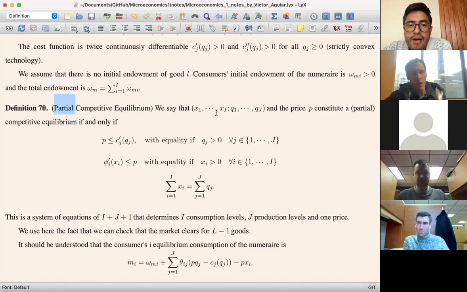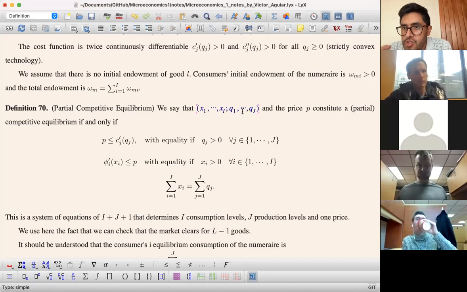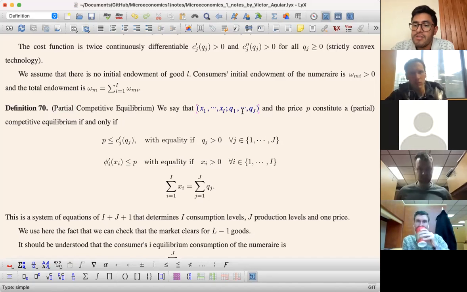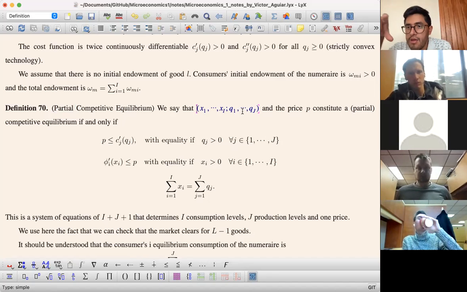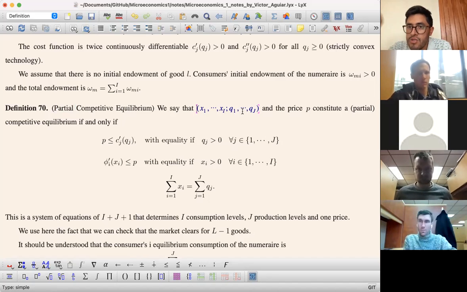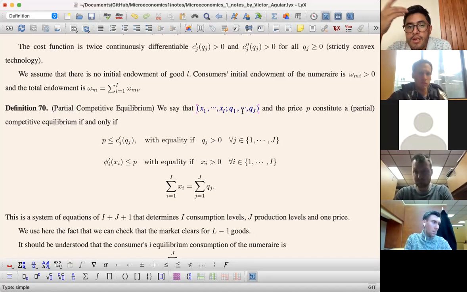So we say that an allocation (x, q), so remember here the dimensions have changed. X is just corn, it is a scalar. So here, this is just a stack of scalar values. So it's a big row vector, right? Of size capital I plus J, and rows is just 1. So this is just characterizing the allocation of corn.